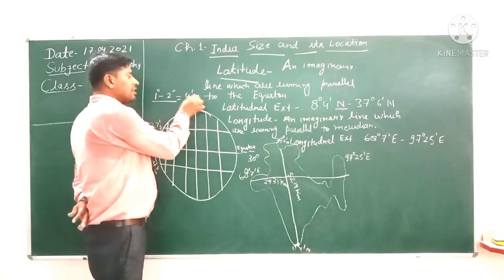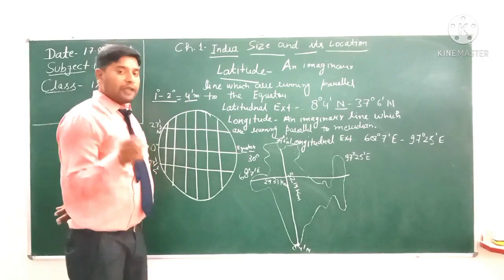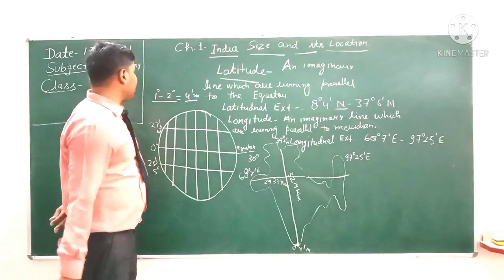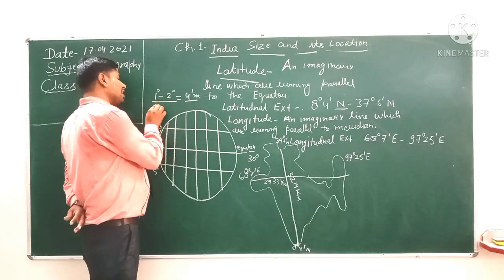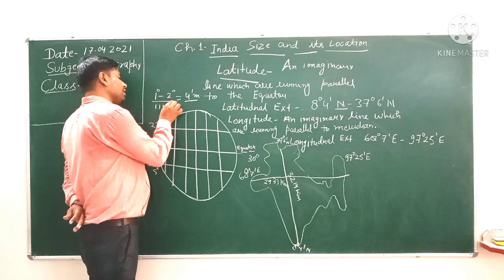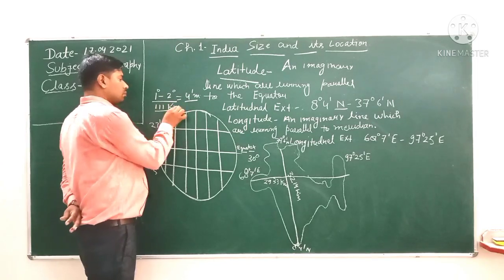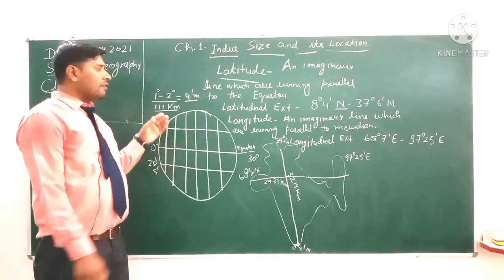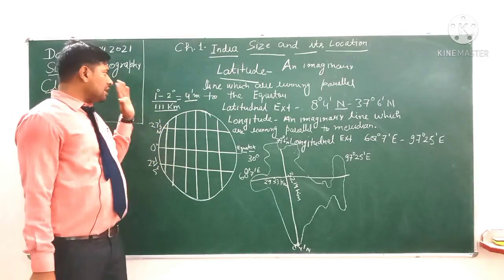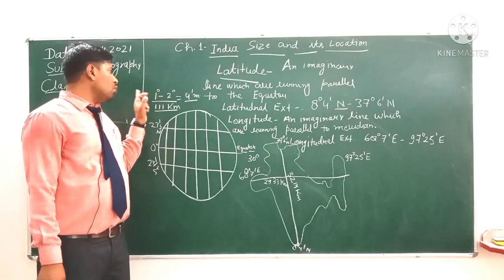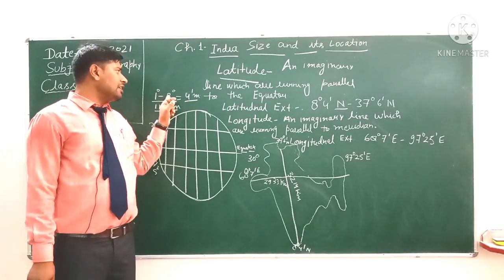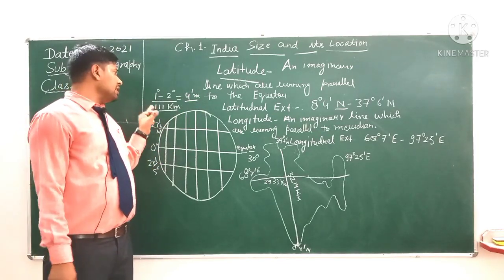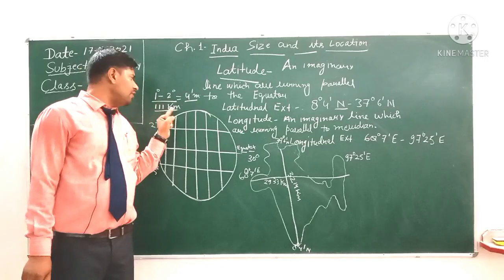And if we find the distance difference, it is 111 kilometer. So the time difference between one degree and another is 4 minutes, and the distance is near about 111 kilometer.